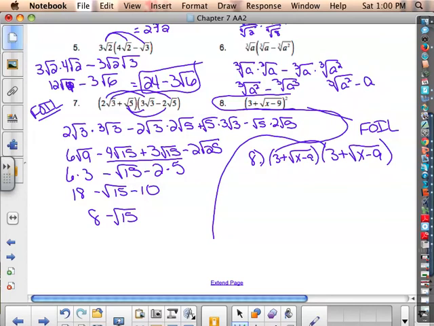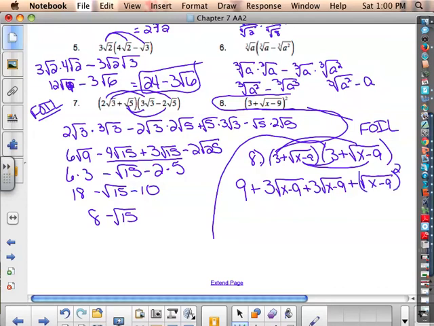First is 3 times 3. It's going to give me a 9. Then plus 3 times the square root of x minus 9 is going to be 3 square root of x minus 9. Then inner, same thing, 3 square root of x minus 9. Then plus, last, square root of x minus 9 squared.